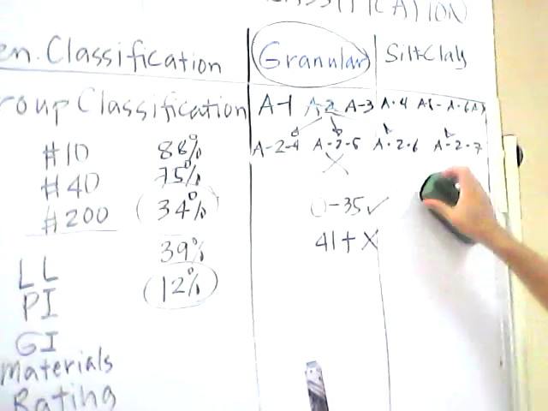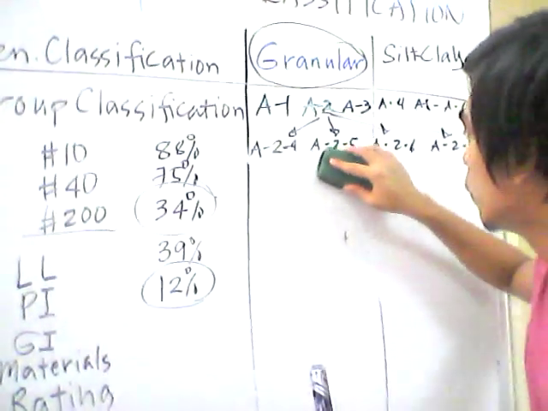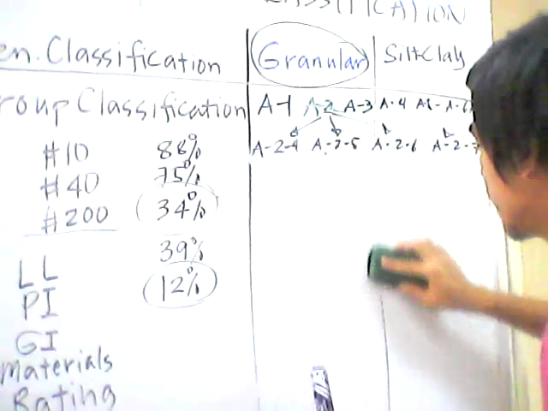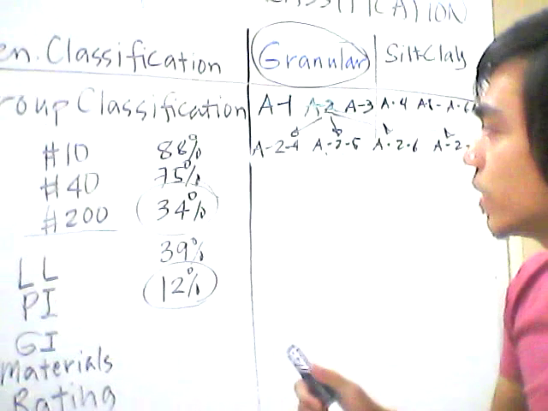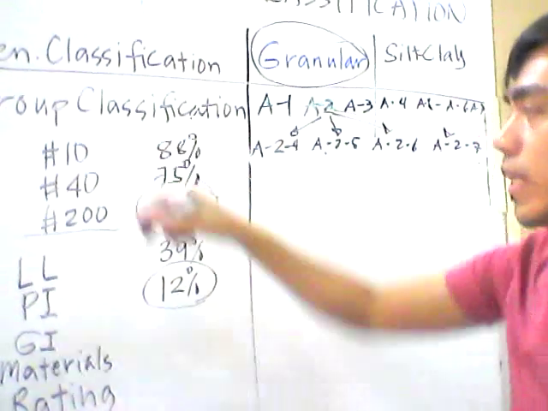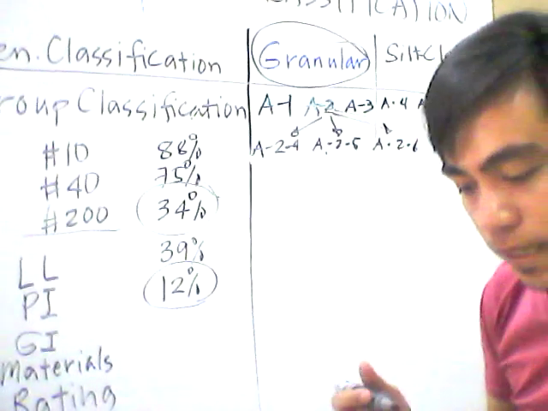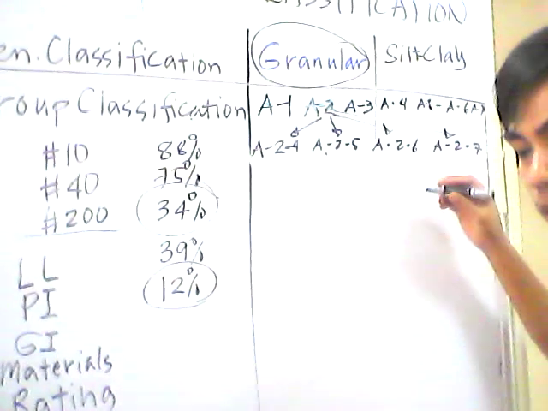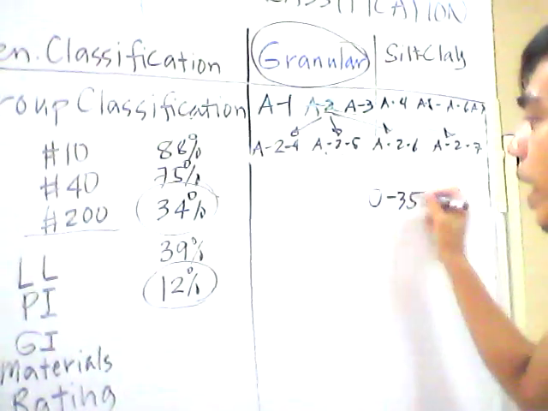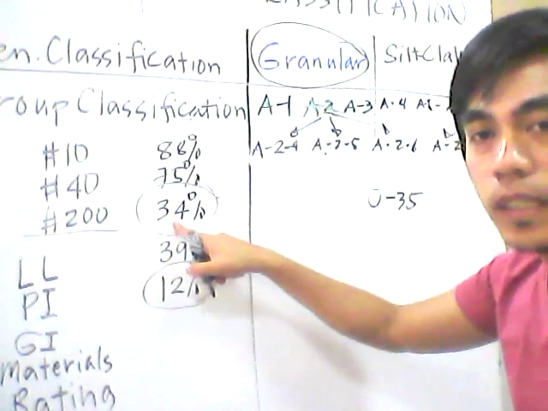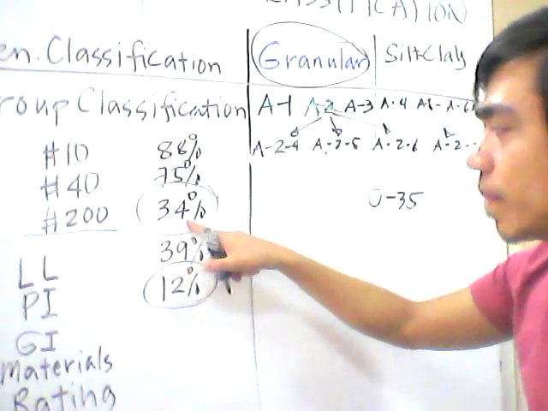Okay. Next, we are going to investigate A-2-6, whether it is the group classification of our soil sample. A-2-6 requires the number 200 to have 0 to 35. Again, this is our number 200 percent passing, 34.